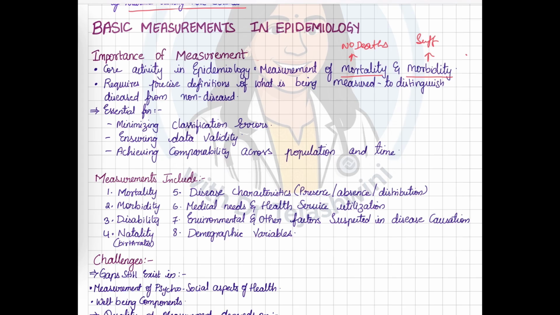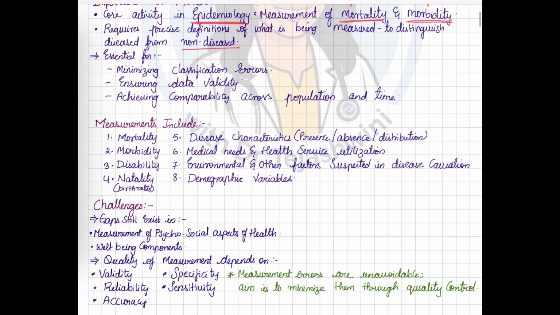Next, it requires precise definitions of what is being measured to distinguish disease from non-disease. This is the importance of measurement. It is essential for minimizing classification errors, ensuring data validation and achieving comparability across population and time.